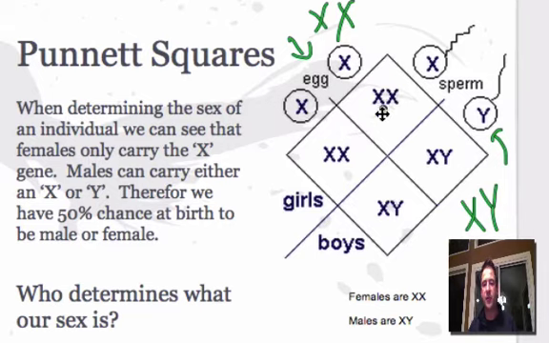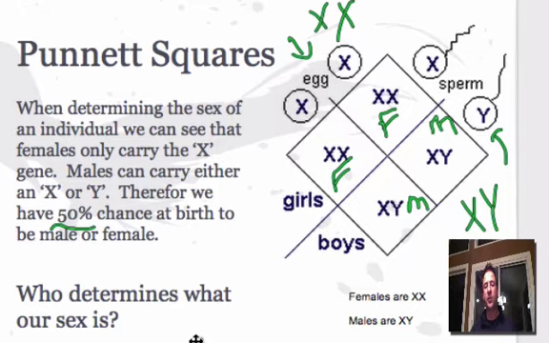Now if we pair those up, this would be a female. We pair those two up, we get another female. We pair those two up, we get a male. And then pair those two up over here, and we get another male. So what's the percentage? Well, it's 50%. So you have a 50-50 chance of being a boy or a girl, and that's it.